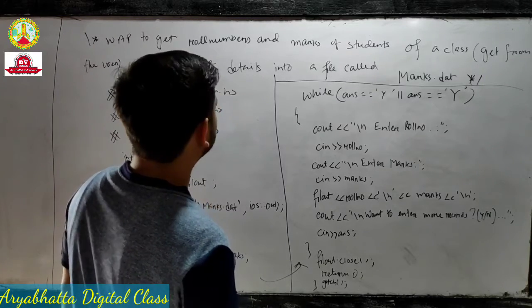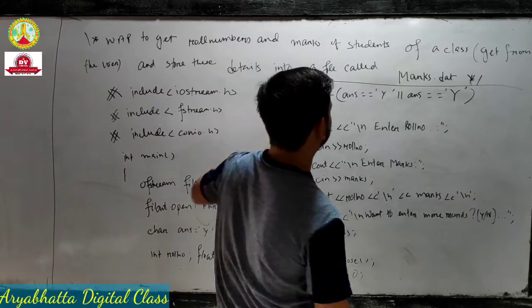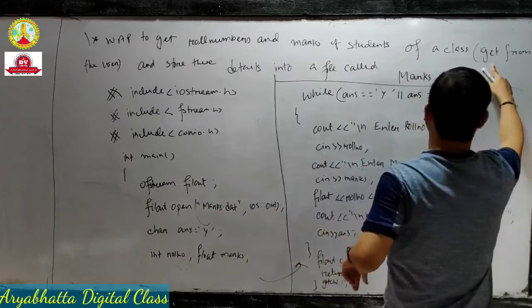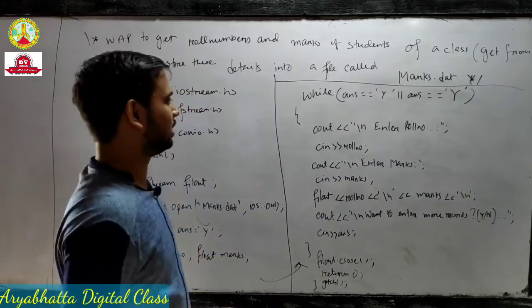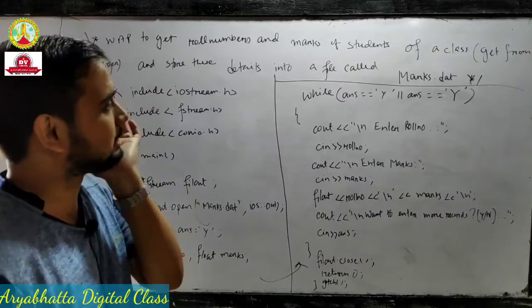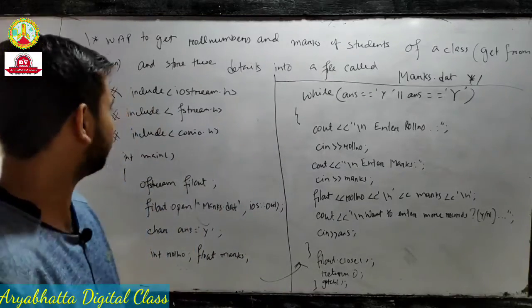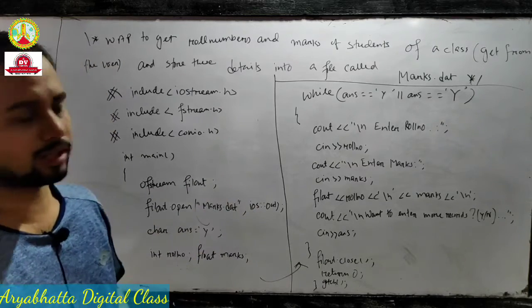We use out because the question asked us to store the details in the file called marks.dat, and the details are to be taken from the user, which means we have to input the details when the program is compiled and run.